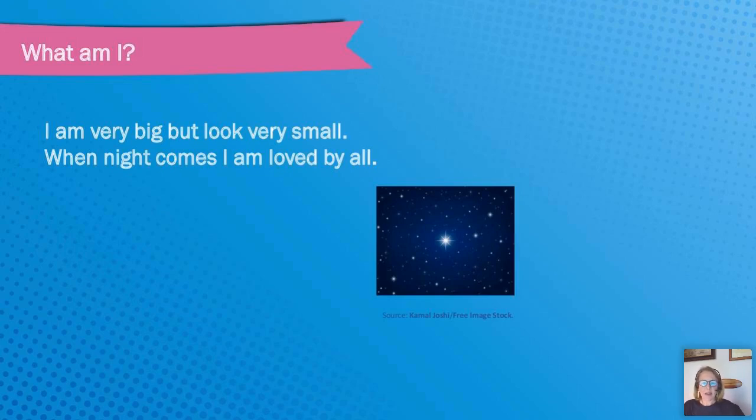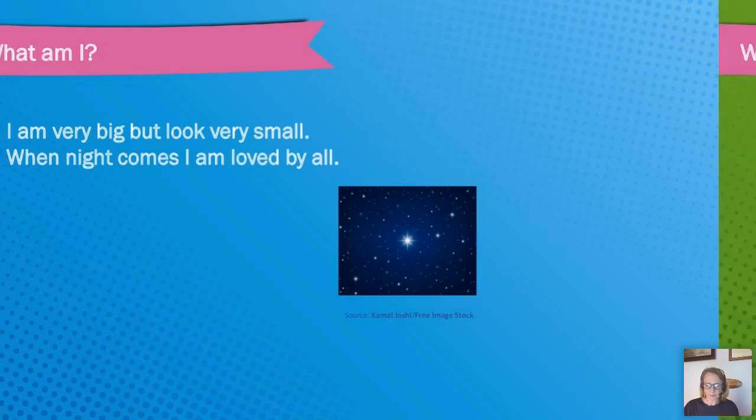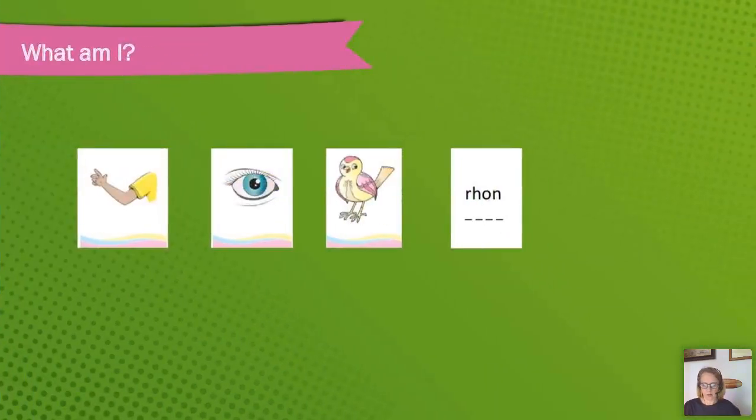Okay. Now, have a look at these pictures. What words am I trying to elicit here? I've got some images and I want you to give me the words. What's the first one?